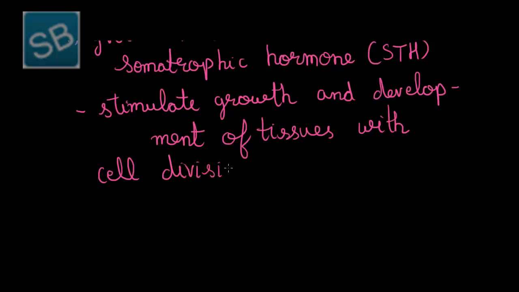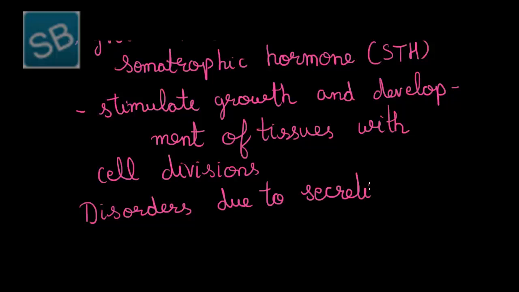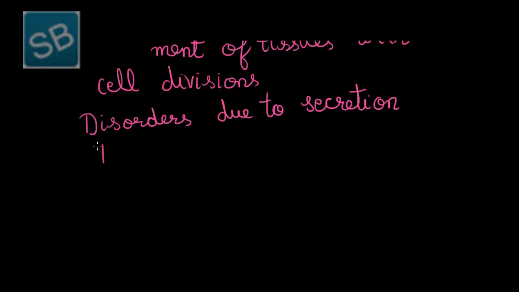However, in some instances, this growth hormone secretion does not occur in proper manner. Due to its inappropriate secretion, few disorders can occur. For example, the first disorder is dwarfism.